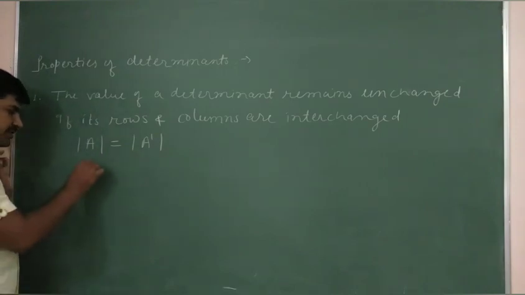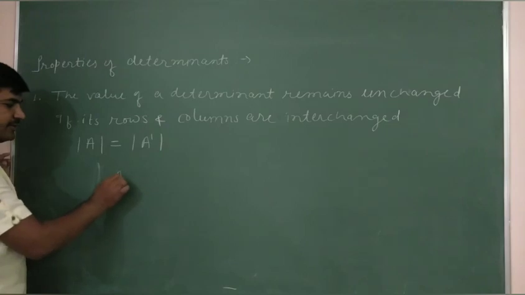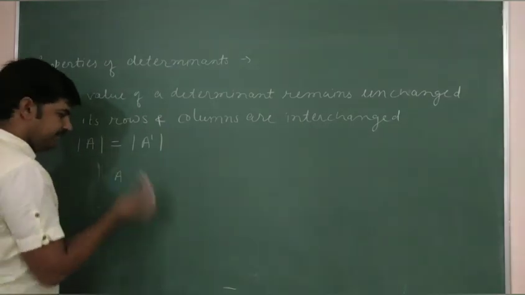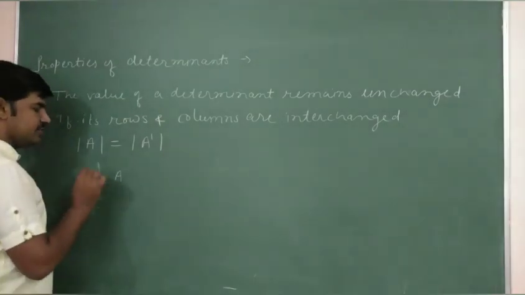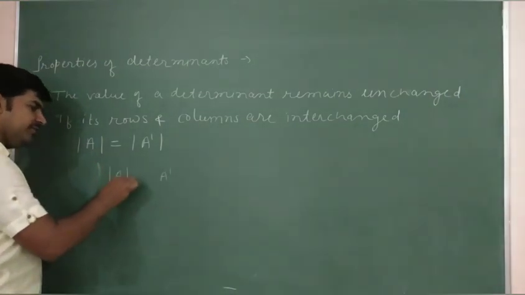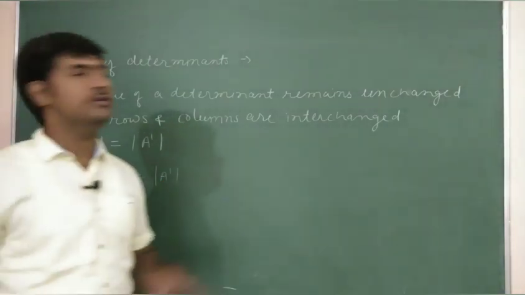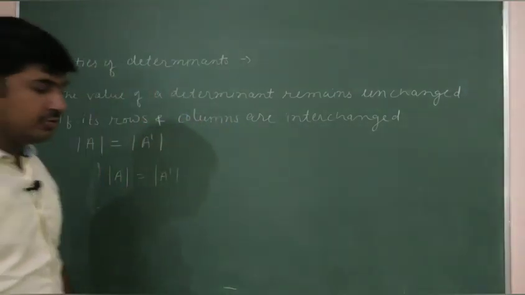So suppose there is a matrix A, and if we interchange the rows and columns of A, A dash is obtained. So determinant of A is equal to determinant of A dash is our first property of determinants. You have to keep it in your mind.